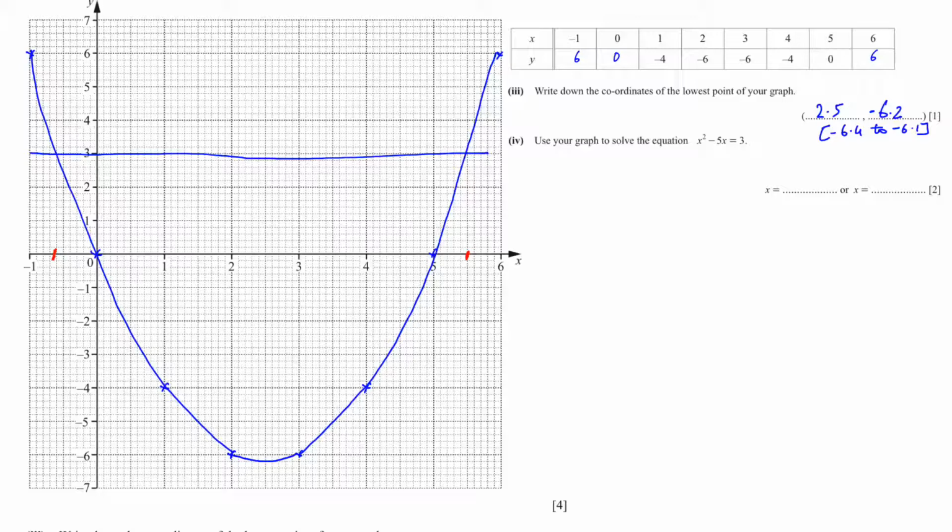Negative 0.6 and 5.5. Again, you have been given a range. You can have the answer from negative 0.7 to negative 0.4, or from 5.4 to 5.7.